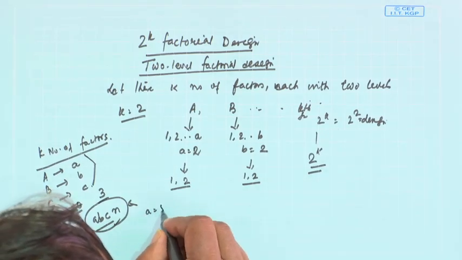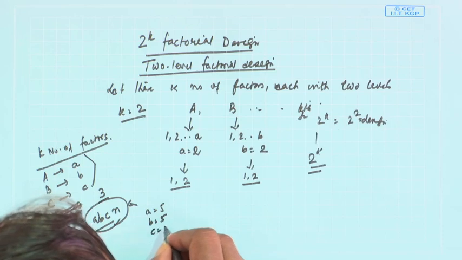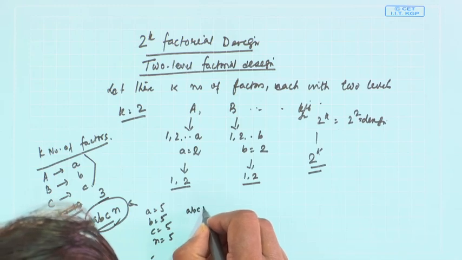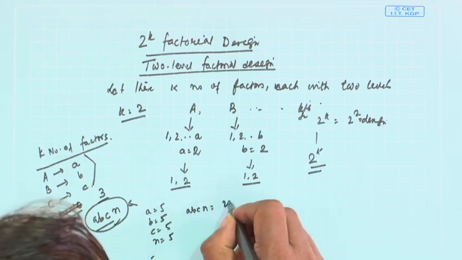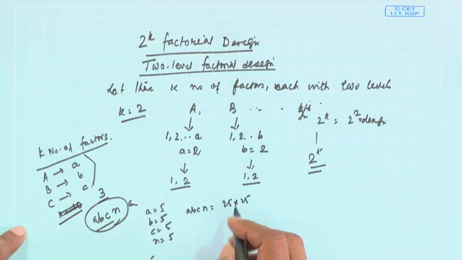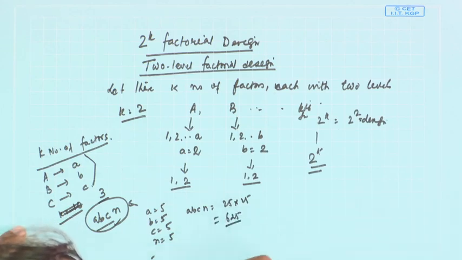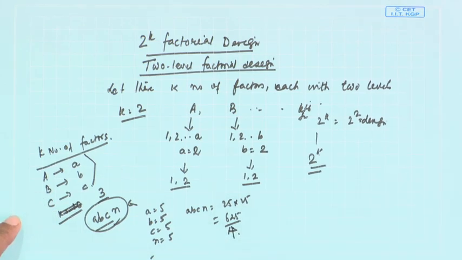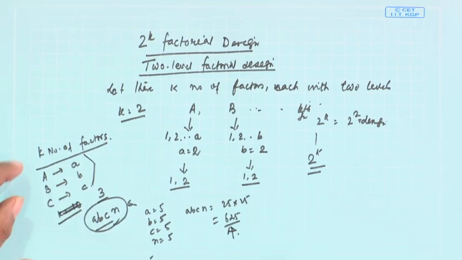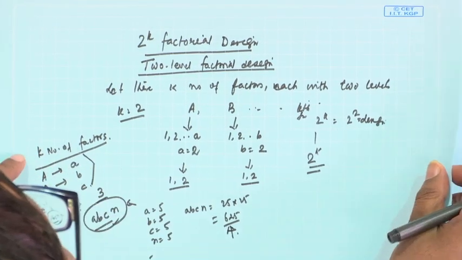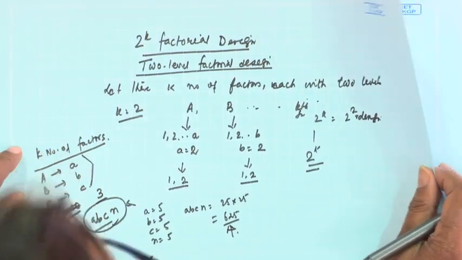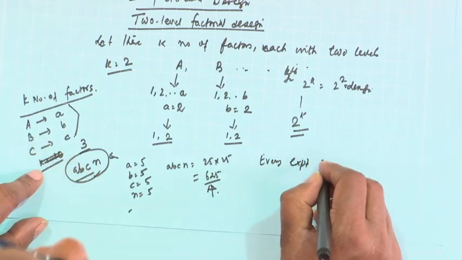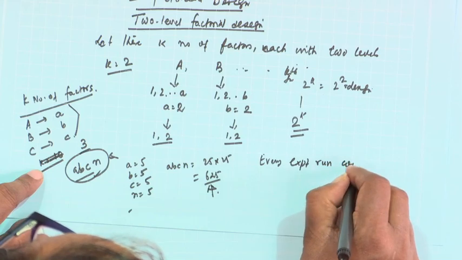Suppose a equal to 5, b equal to 5, c equal to 5 and n equal to 5. Then a, b, c, n will be 25 into 25, so this will be 625, I think. So, that number of experimental runs will be very large, and every experimental run costs.